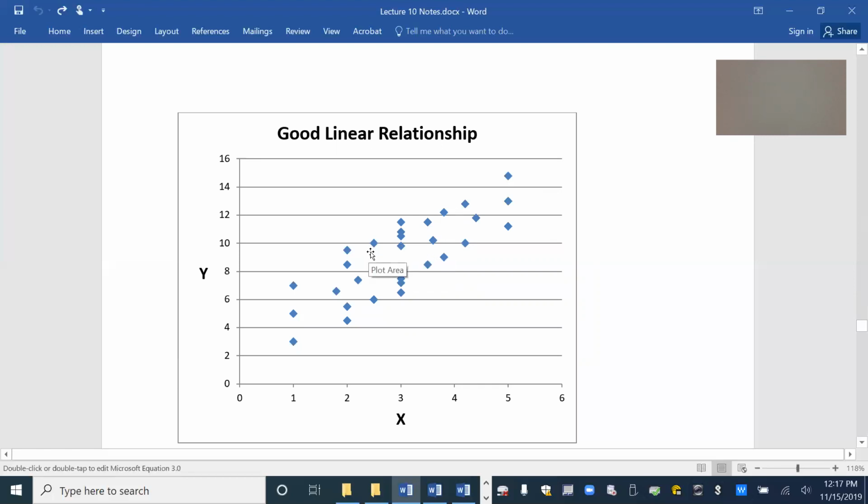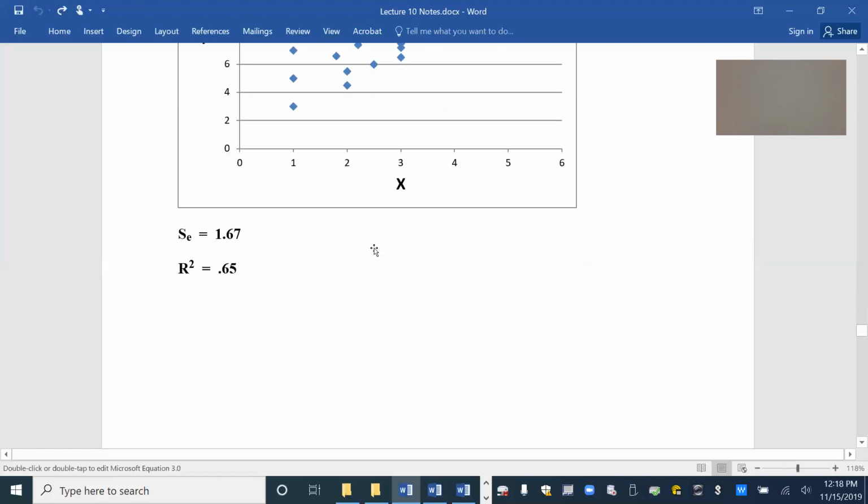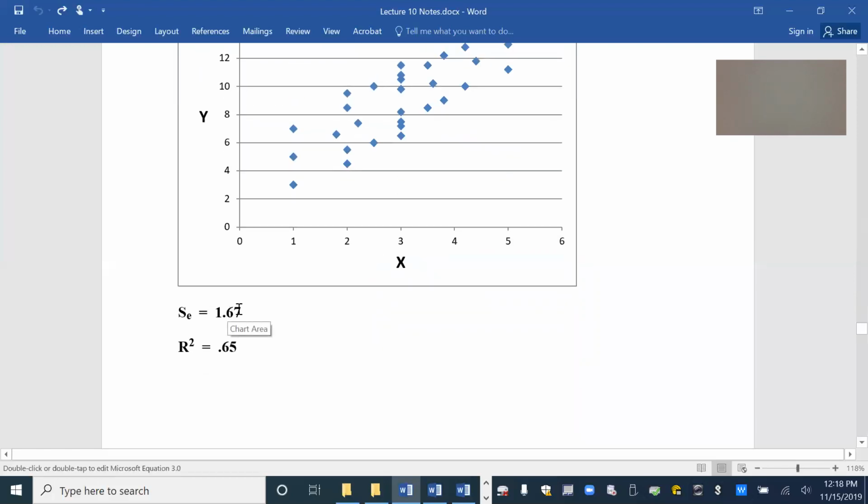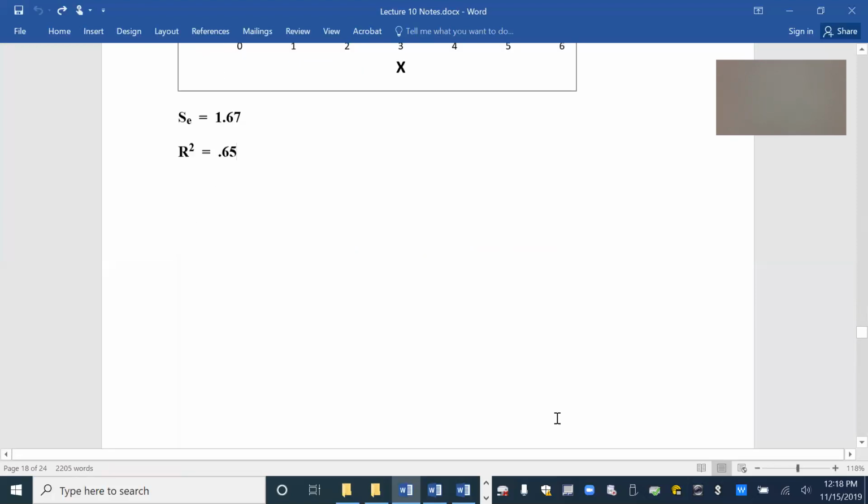And that's the one regression runs for you in Excel. Excel does least squares regression, most common one. So we got a 1.67, and we got an R-squared of 0.65 in the ones we did.